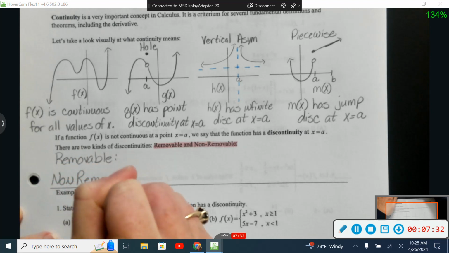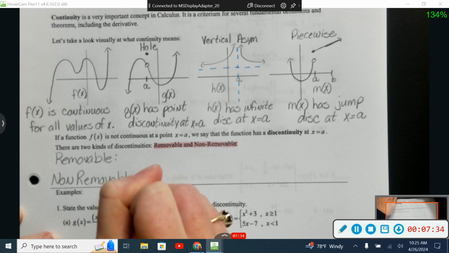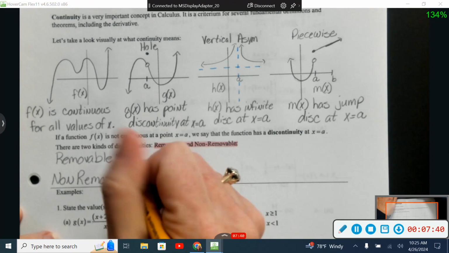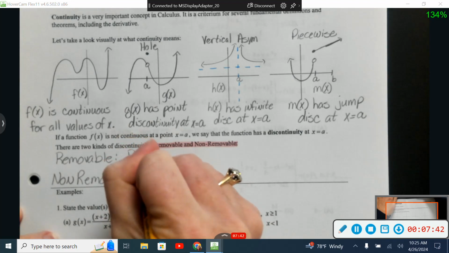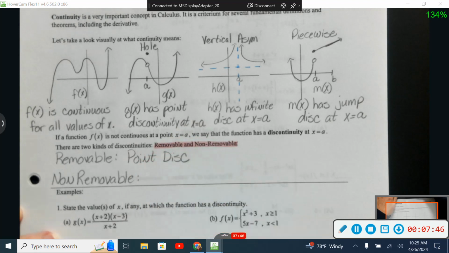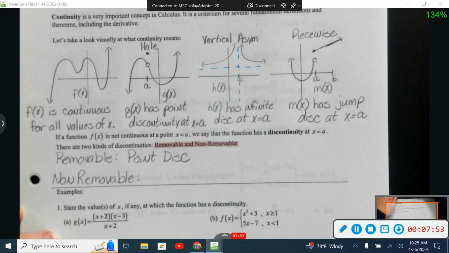So there are 3 of these, and they split up between removable and non-removable. When we see point discontinuity, that is what we call a removable discontinuity. So if you see a hole in the graph, it's what we call removable.